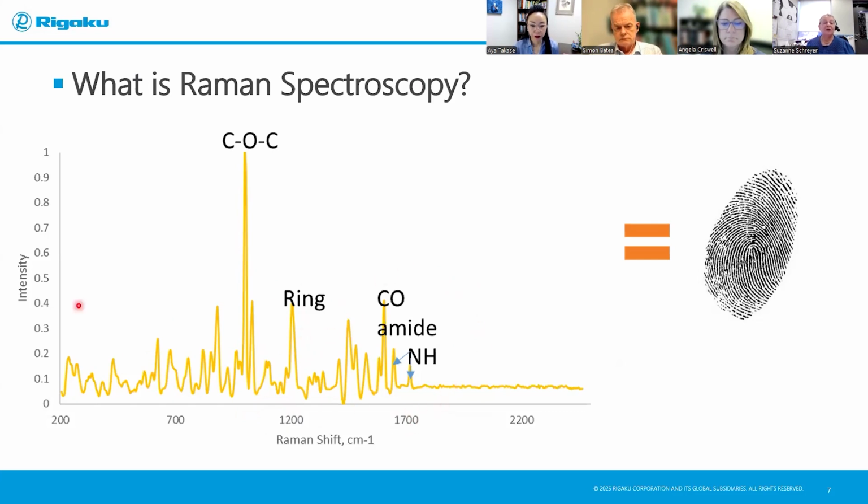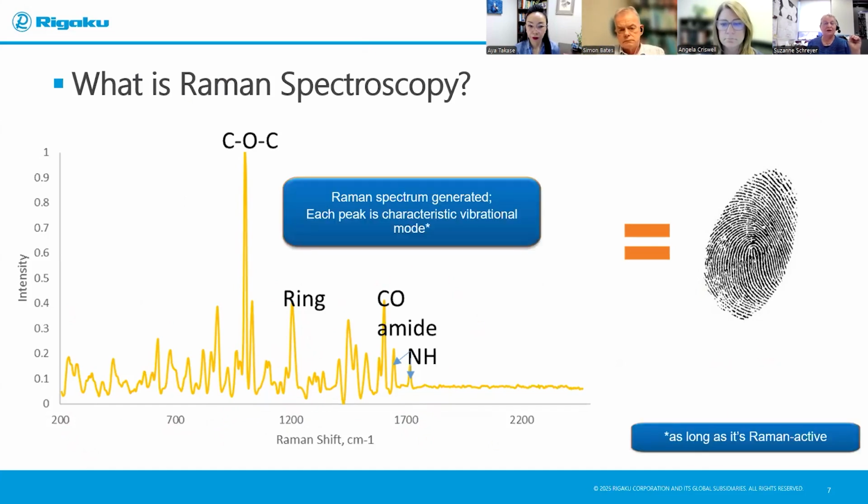And from about 200 up to 900, you're going to see a CH bend. Putting all of these peaks together, rather like a jigsaw, you get what's called a fingerprint, a very characteristic spectrum for a molecule.